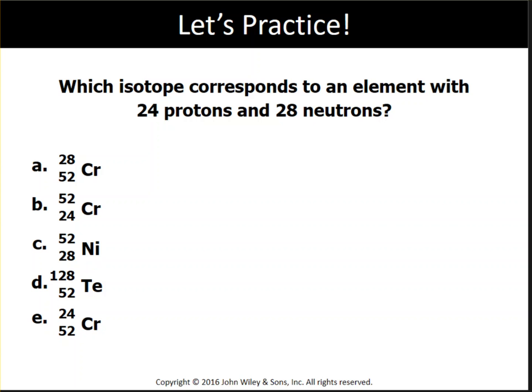So let's see first of all what atom we're looking at. 24 protons, I'm going to look at the periodic table because the number of protons represents the atomic number. 24 in the periodic table represents chromium.